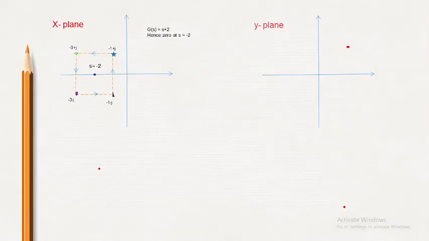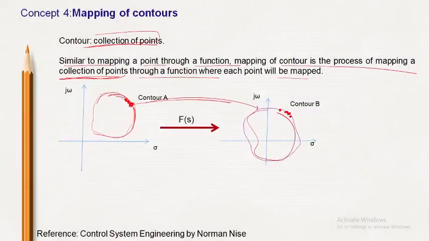But it's not just that. If you have a contour A and you are mapping it to contour B, the contour B that you are getting is not something random. You have some function, you have some contour, you map it through that function, and you get another contour.